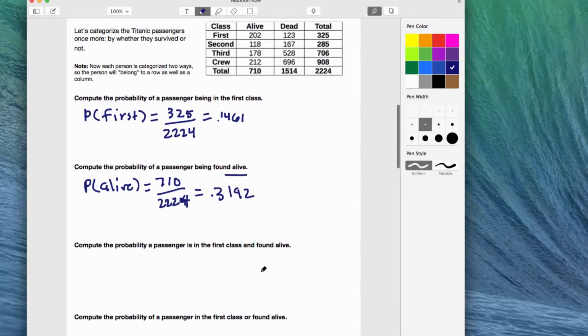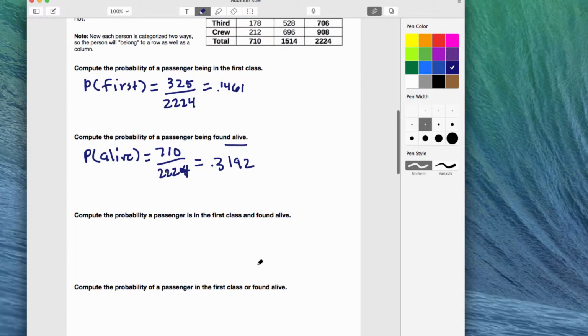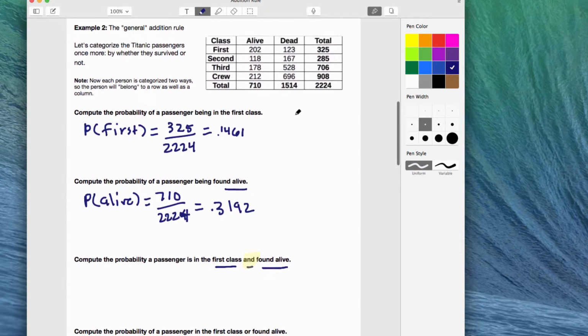All right, so one more step before we can actually use our addition rule. Compute the probability a passenger is in the first class and is found alive. So with this word "and," we're looking at two qualities being met. The person needs to be alive and also in the first class. So going back up to our table, we're going to look for the overlap.